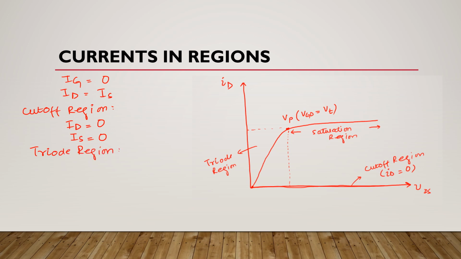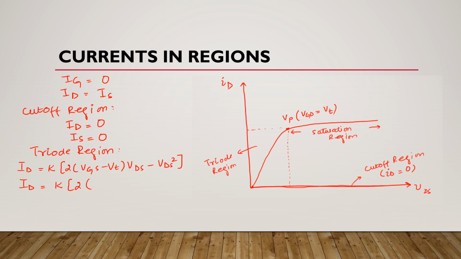region? The equation of drain current in this region is this. Now neglecting this higher order term, we get this equation.